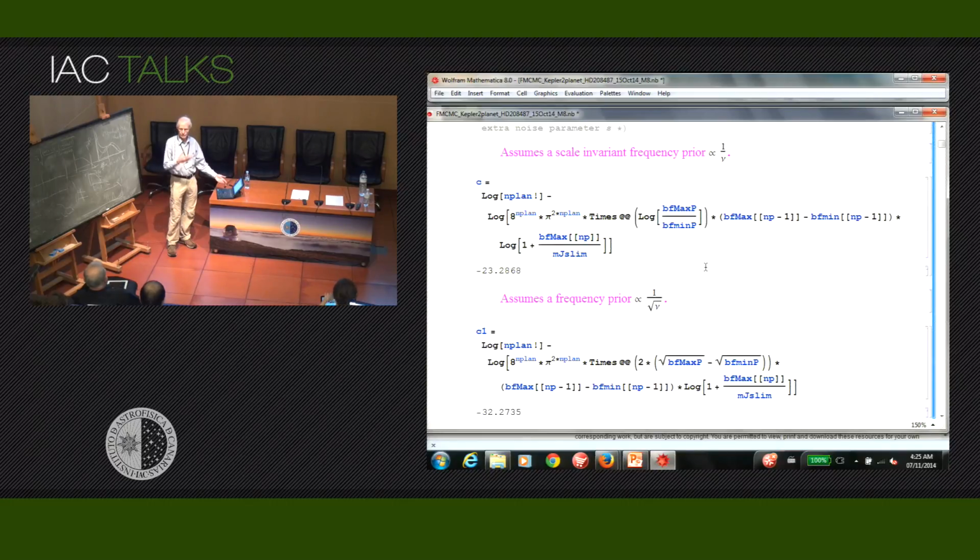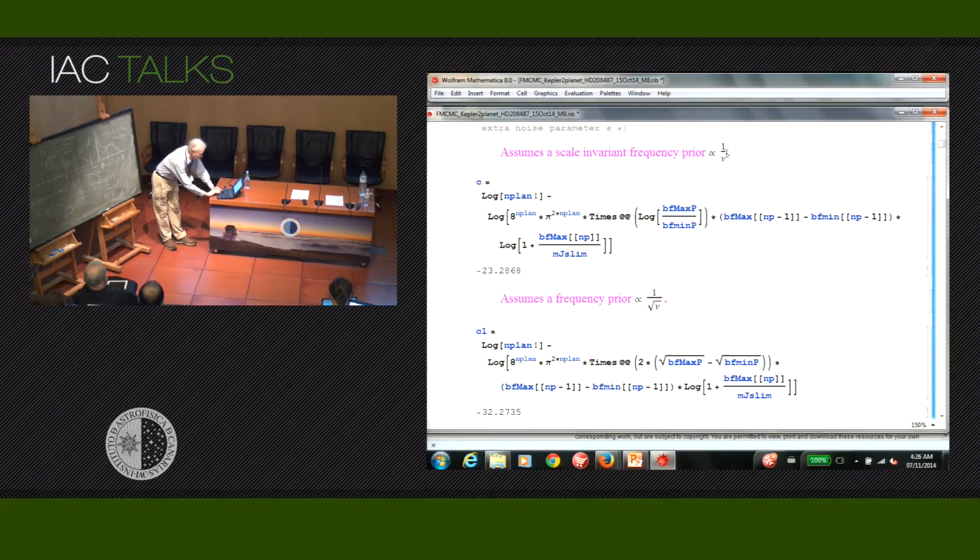You'd only need to change this if, for example, you added a slope as another parameter, then you need to put in the prior for the slope. But it's all set up so that it knows how you specified how many planets there are already, so it automatically will evaluate these constants.